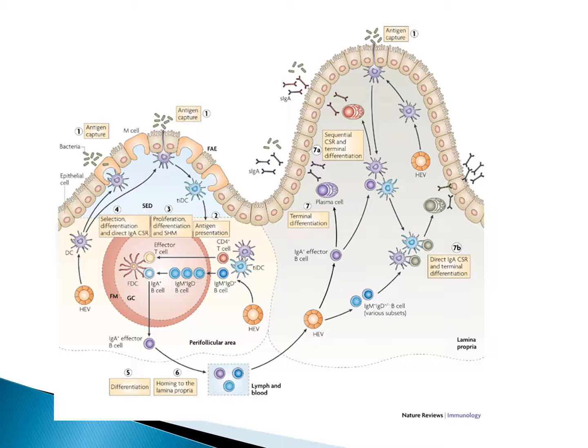Now the other way is, this isn't the correct illustration, it's actually a different cell that comes in here. I've told you this before, a different cell that comes in here and actually presents the antigen. These are two different pathways, but we'll walk you through both.